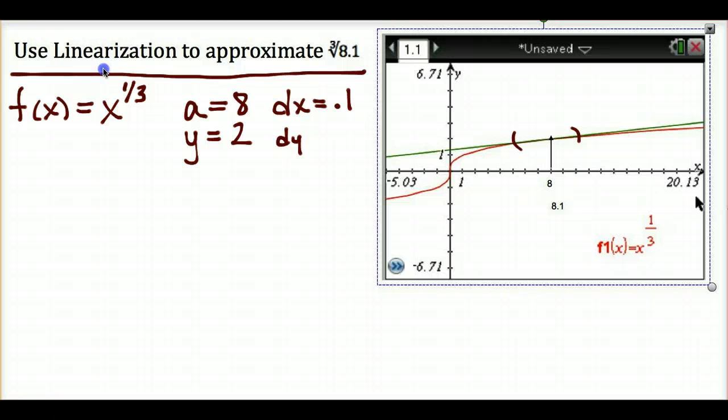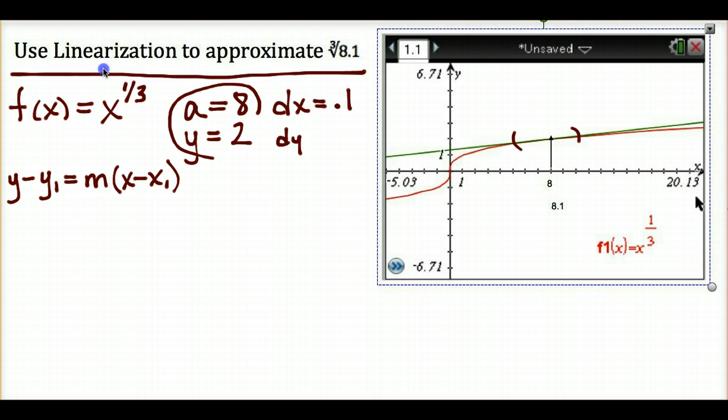So we're going to do that by using the tangent line, which is given by y minus y1 equals m times x minus x1. Now here is my point of tangency, so that's what's going to go in for x1 and y1. So we'll get y minus 2 equals m times x minus 8.